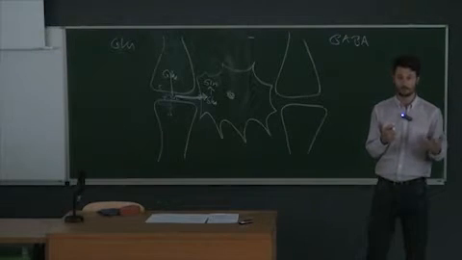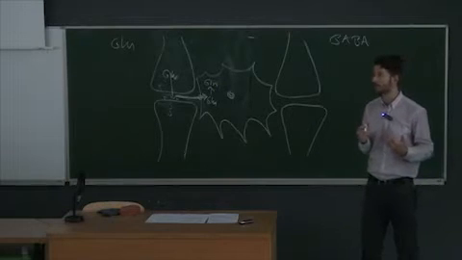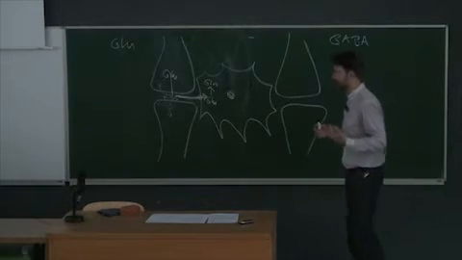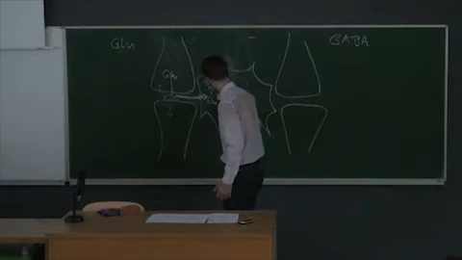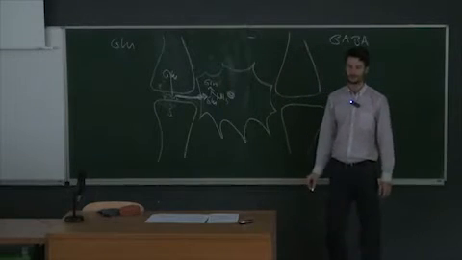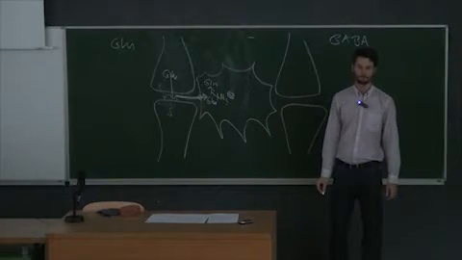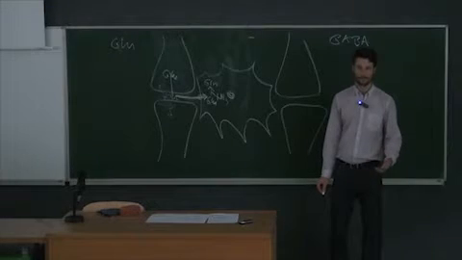But how do we make it? Nitric oxide? No. We actually use ammonia. We use ammonia to make glutamine from glutamate.